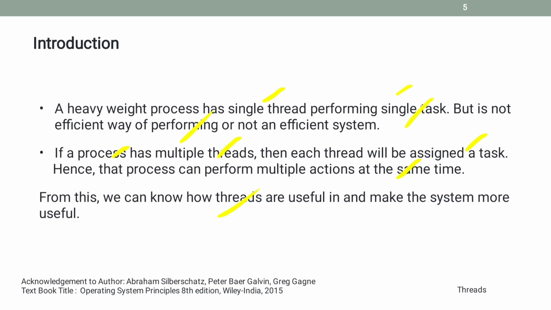They are executing different sets of instructions at the same time, so multiple tasks are done at the same time. Hence, instead of doing one task at a time, doing multiple tasks at the same time is more efficient. That is how threads make the system more efficient.